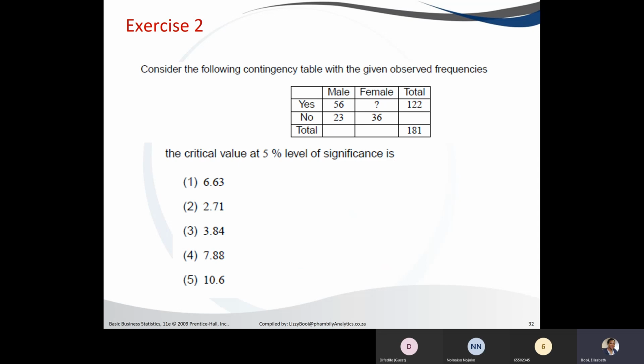Okay. Now find the critical value. Using the same information at 5%, what will be your critical value? Remember, your critical value is given by chi-squared alpha, which is 5%, and your degrees of freedom. Our degrees of freedom is the number of rows minus 1, times the number of columns minus 1.